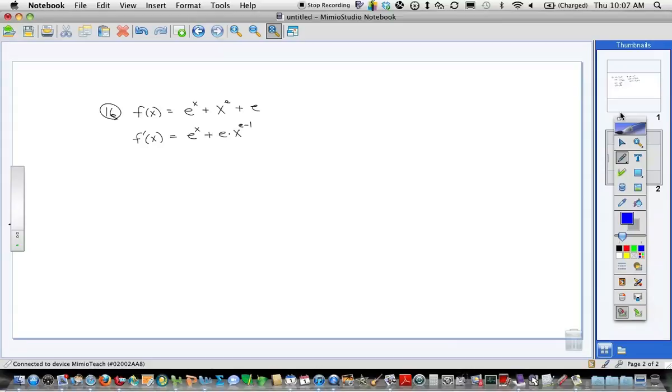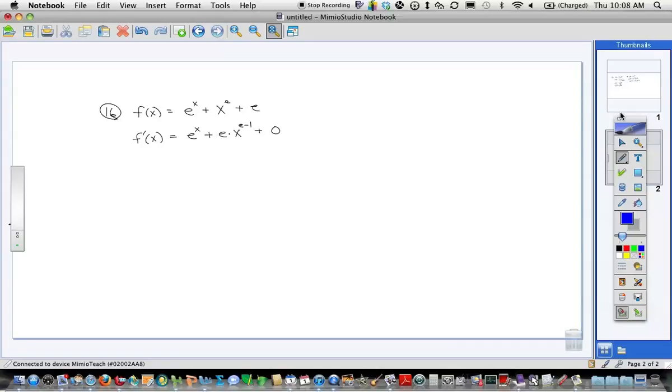So x raised to 2.71 is a power rule. Plus, what's the derivative of e? 0. Why? It's a number.